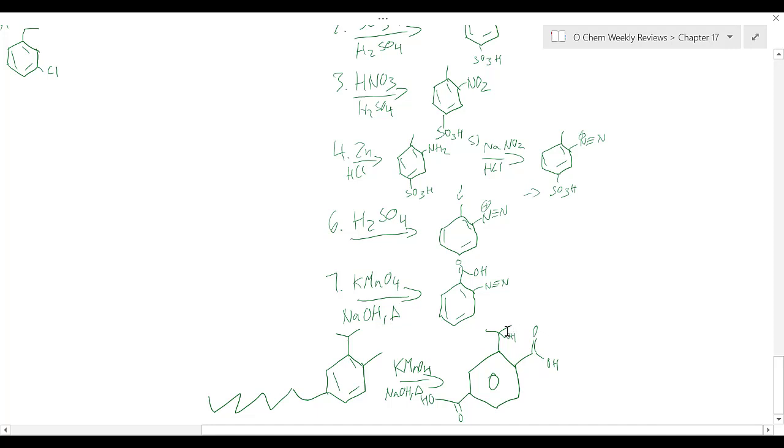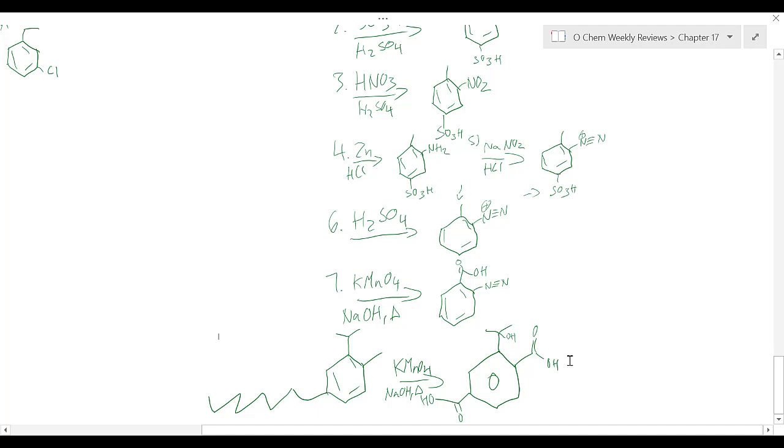Now the reason why this isopropyl does not turn into carboxylic acid is because it needs a primary or secondary alcohol to be later turned into carboxylic acid.